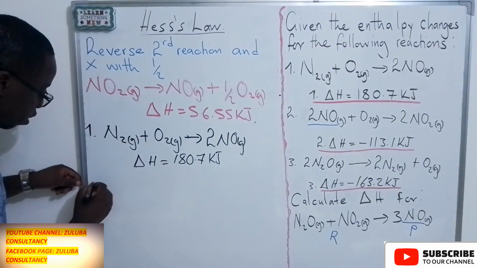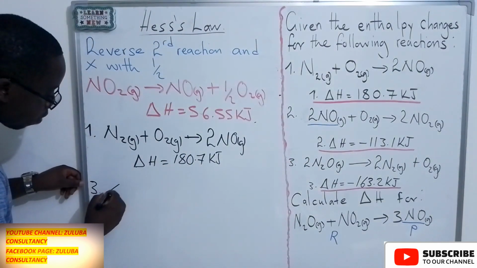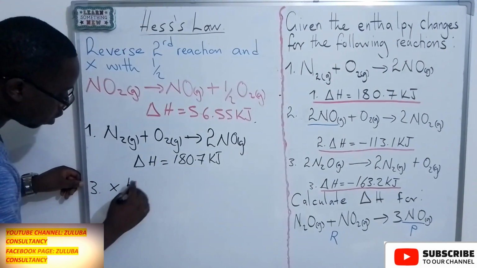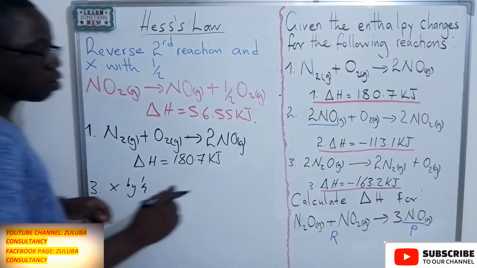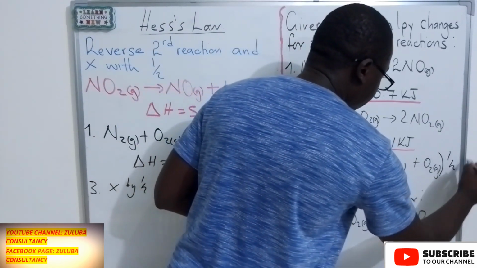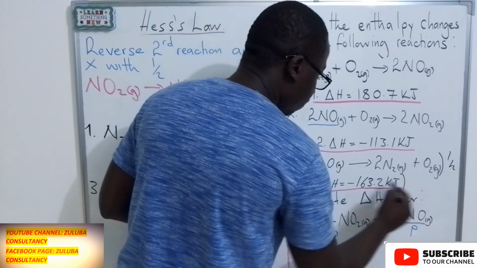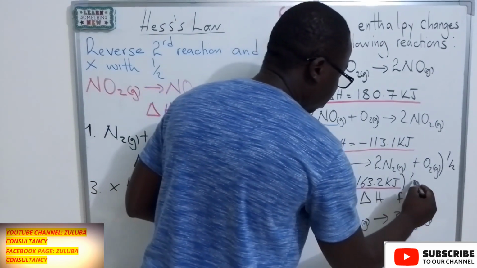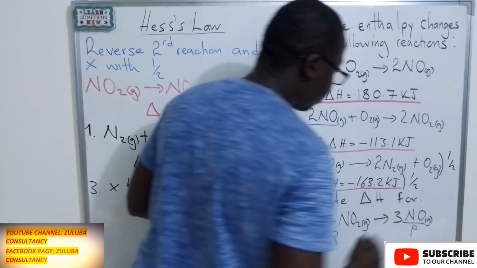We can multiply this reaction with half. So if we say reaction 3, we are multiplying it by half, what are we going to do? If all of this is multiplied by half, we are simply saying even the enthalpy change there is multiplied by half.